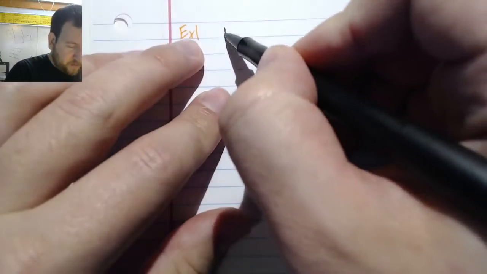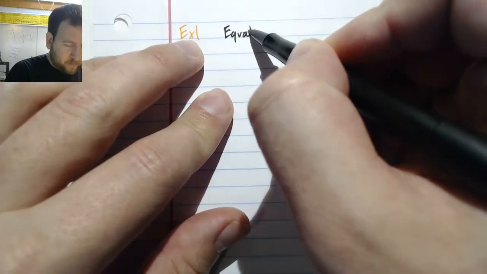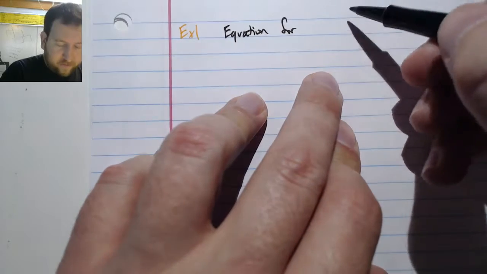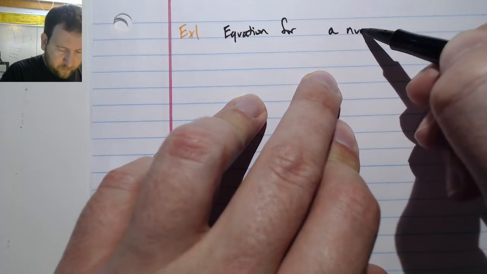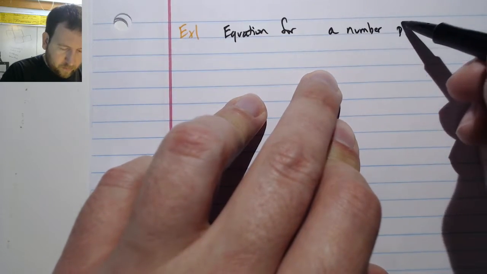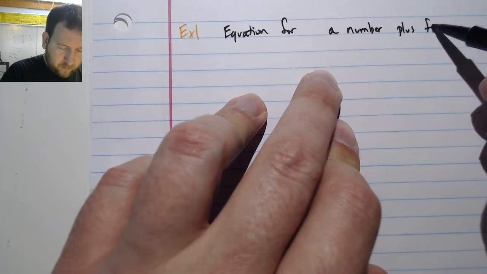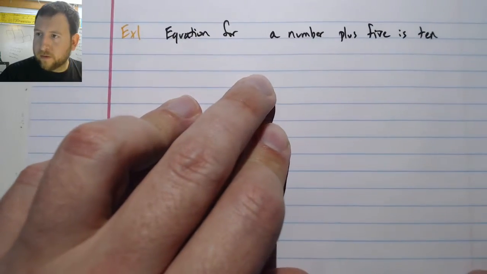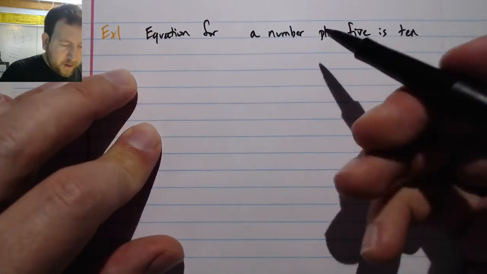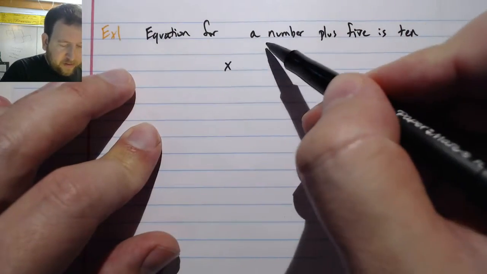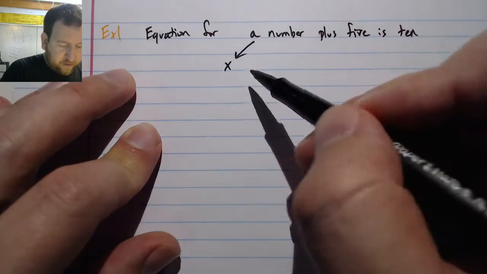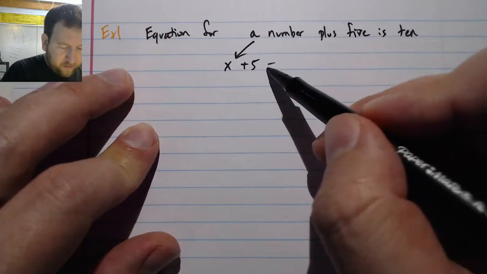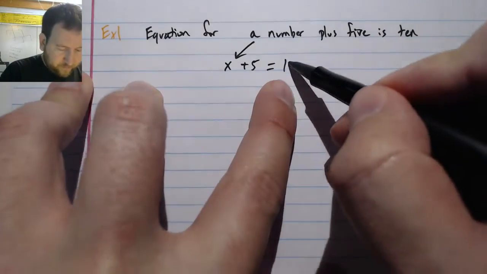Write an equation for the following phrase: a number plus 5 is 10. All right, x, I'm going to say, is a number, plus 5 is, which means equals, 10.